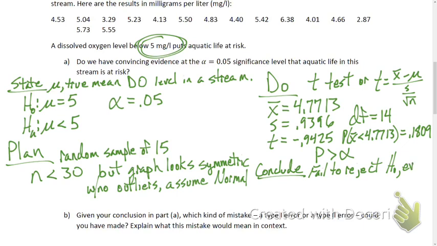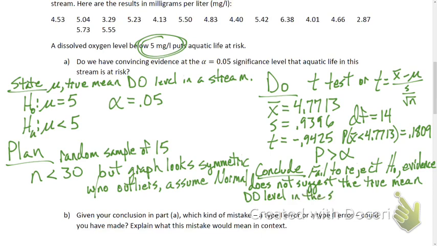The evidence does not suggest the true mean DO level in the stream is less than 5 milligrams per liter.